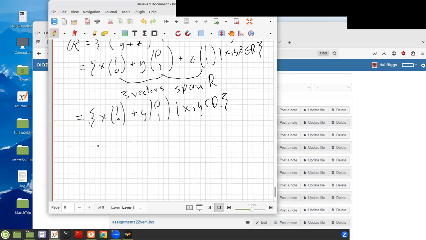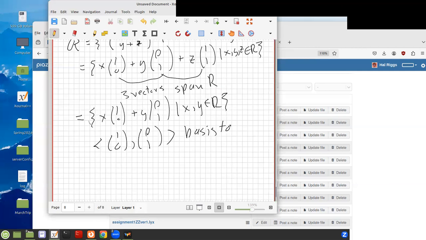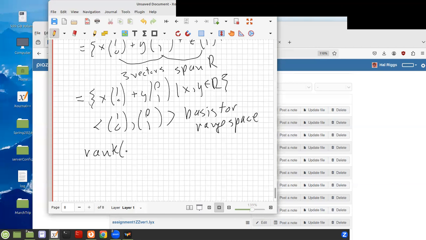So this is a basis for the range space. Therefore, the rank of the map M equals 2, because there are 2 vectors in the basis. It has nothing to do with the components, it's the number of vectors here.